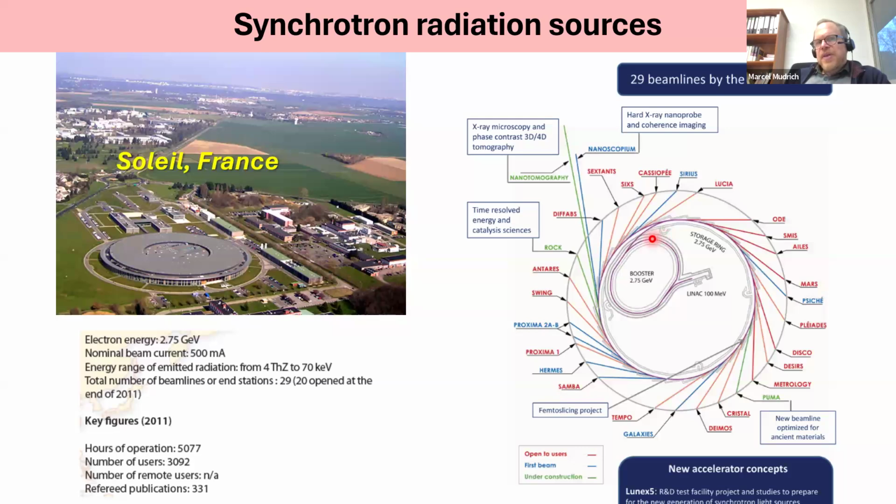Synchrotron, from the name, you can guess that something has to be synchronized with something else. And what is synchronized in the traditional synchrotron is the acceleration, as there must be some accelerating structure inside this synchrotron ring.